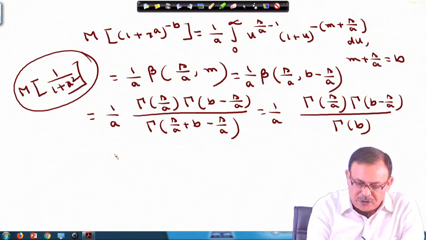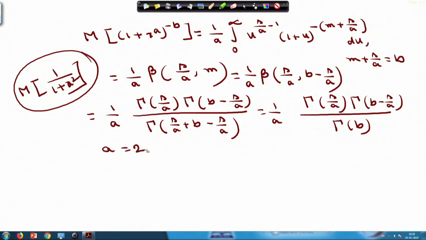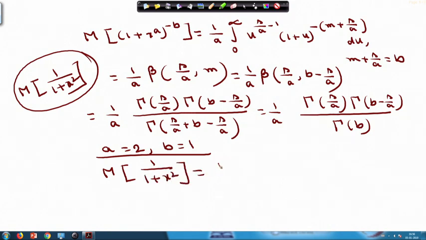To find the Mellin transform of this, simply put a equals 2 and b equals 1 in the earlier result. If I put a equals 2 and b equals 1, the function becomes 1 by 1 plus x square, and a is 2.